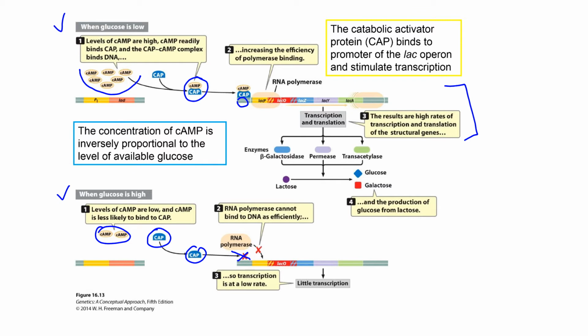So keep in mind, even if there is lactose and the operator is free, so basically the lac operon can be turned on, however, if RNA polymerase cannot efficiently bind to the promoter and cannot start transcription efficiently, the efficient transcription will not take place.